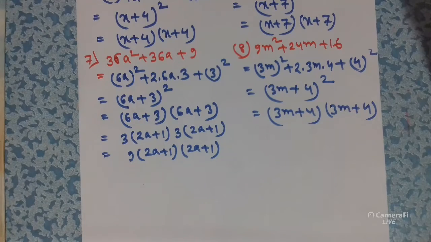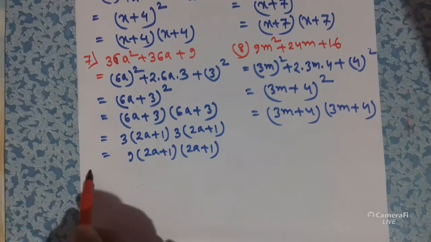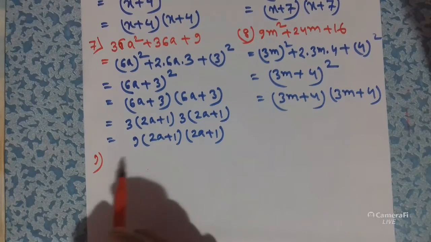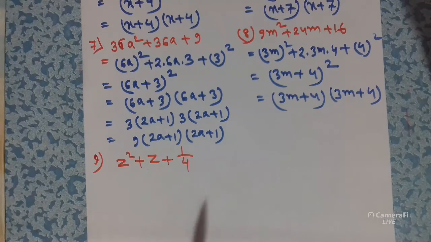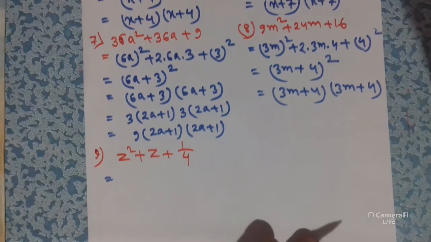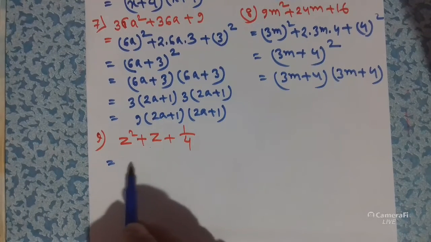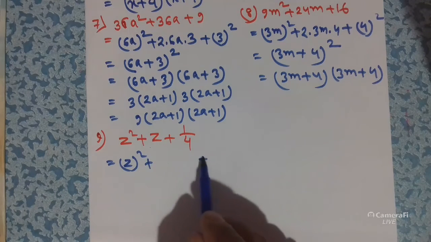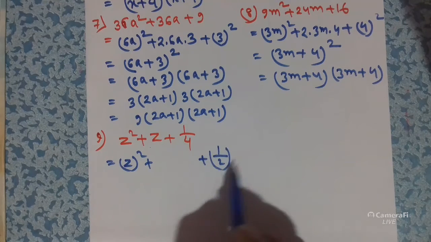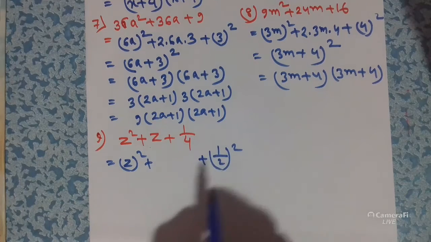Next, problem number 9: z square plus z plus 1 by 4. So it is z square plus, and 1 by 4 means 1 by 2 whole square, because 1 square is 1 and 2 square is 4.